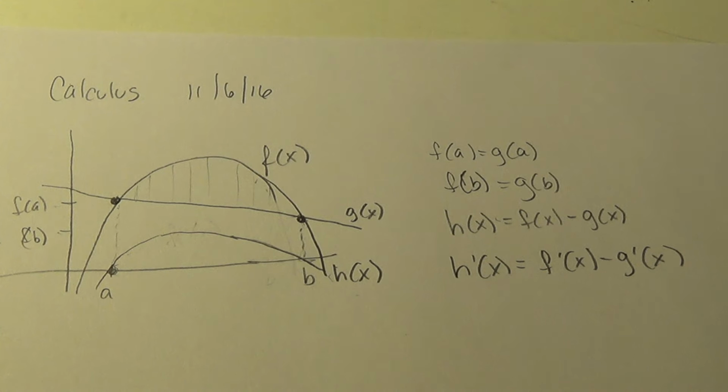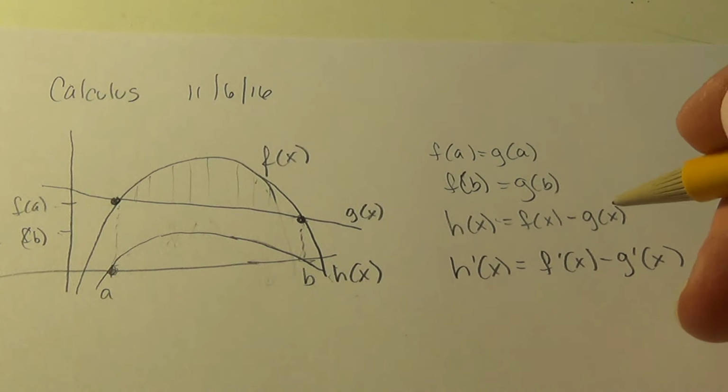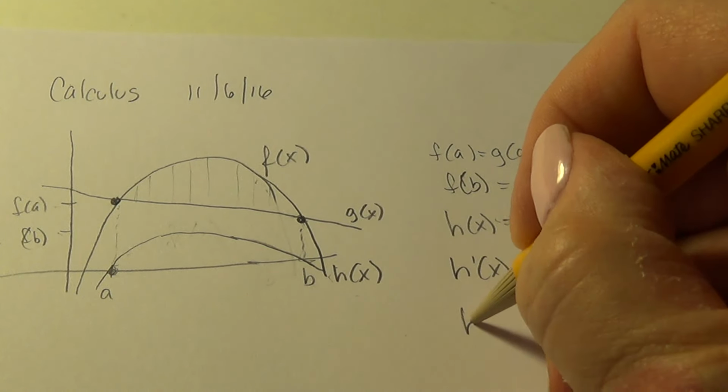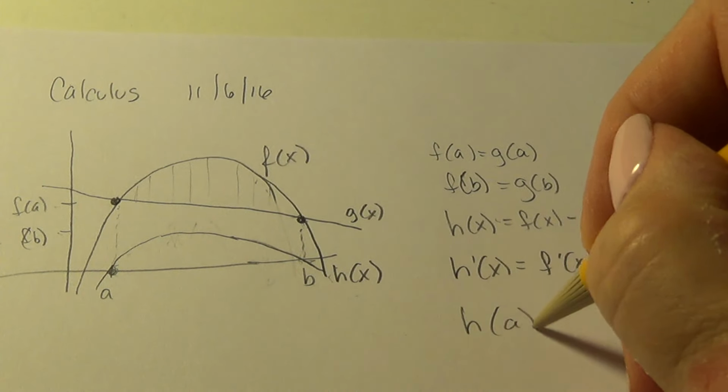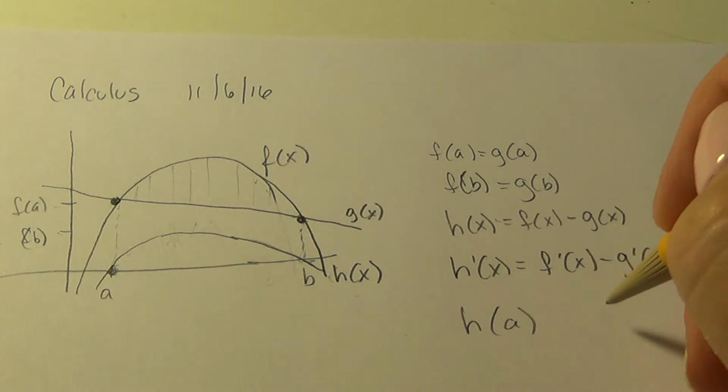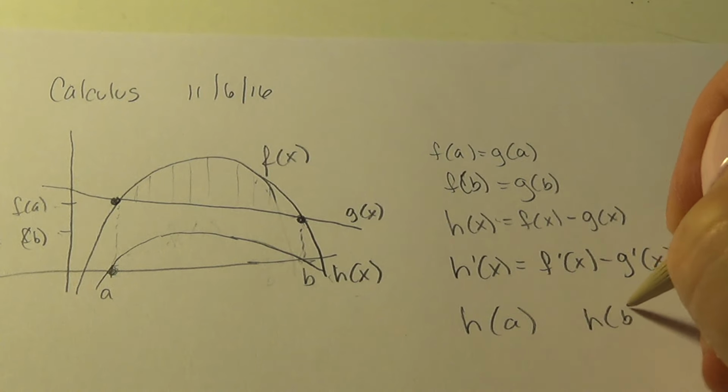Alright, let's look at the next part. I want to establish something about h, the difference function: h at A and h at B. What would you notice about those two?